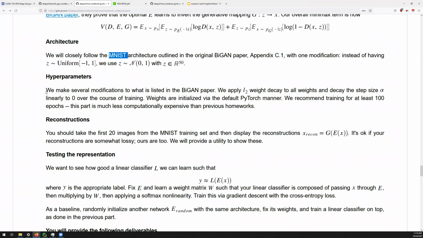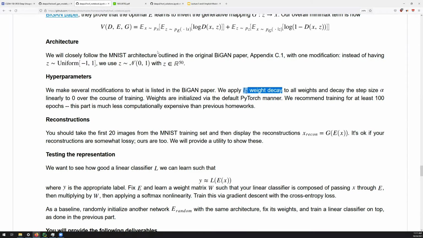Then some of the hyperparameters. We have to apply L2 weight decay. We also have the scheduler to decay the step size alpha linearly to 0 over the course of training, just like last time.